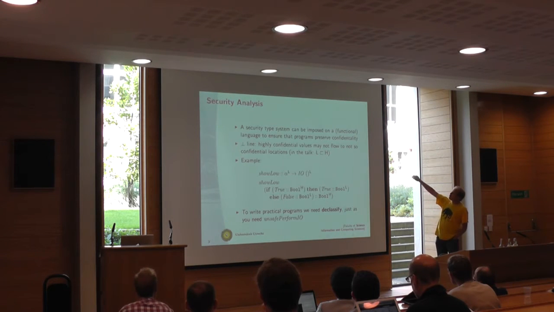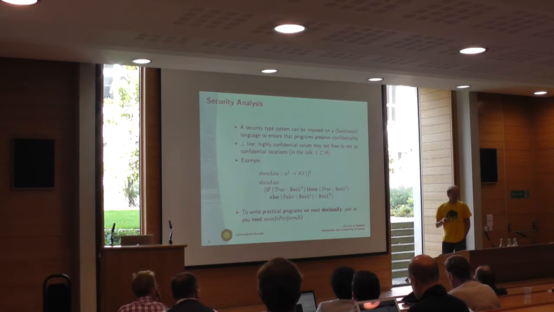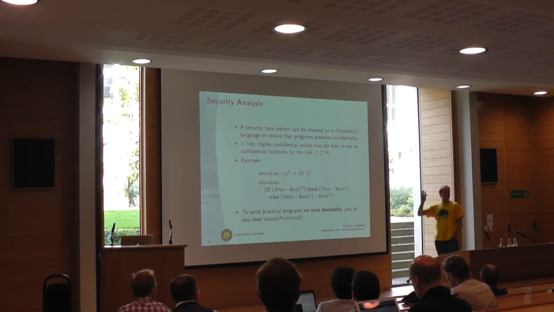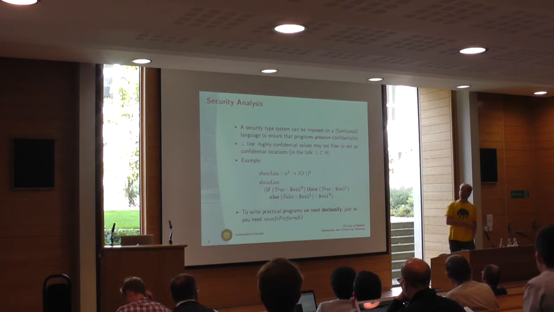Note that if you want to have a language with what they call a non-interference property, so it's very nicely well behaved, you cannot write real programs in it. Basically anything that you ever do with a highly confidential variable will for the rest of its life stay highly confidential. So typically in a language like that, to be practical, you need things like declassify, which is like an unsafePerformIO that says, believe me, I really want this L value to become a high value, or this high value to become an L value.